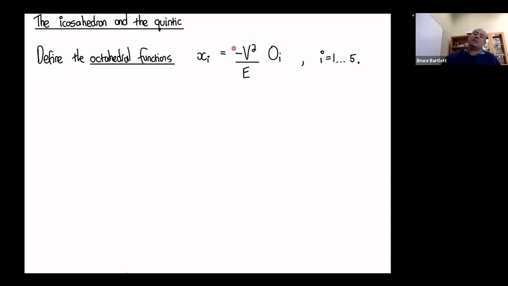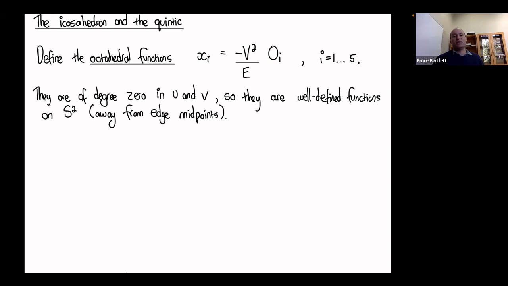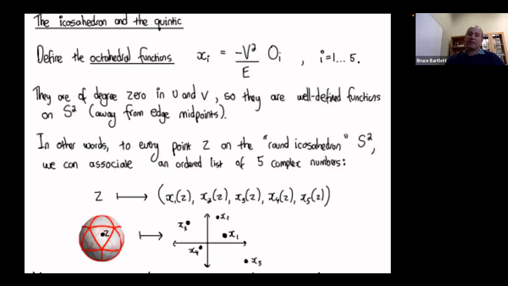So this thing on the right-hand side is of degree 0 in U and V. Not a homogeneous polynomial, but a rational function of degree 0, which is going to correspond to a function on S2, right? So it's just a normal function on S2. If you sub in an edge midpoint here, then you're going to get infinity. Otherwise, it's well defined everywhere.